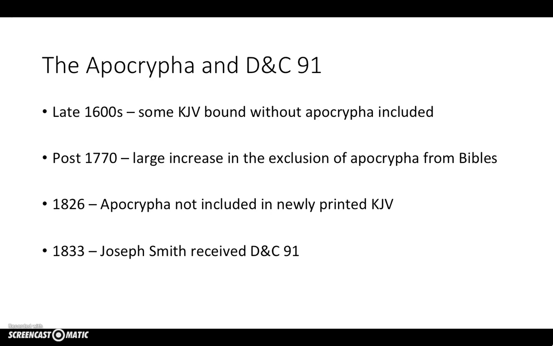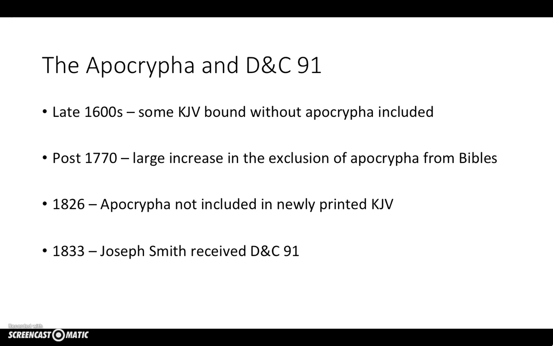About 100 years later, there's actually a very substantial increase in the exclusion of the Apocrypha from newly printed Bibles. Starting in 1826, the Apocrypha is actually no longer being included in newly printed versions of the Bible. That is, in the new King James versions of the Bible that are printed.